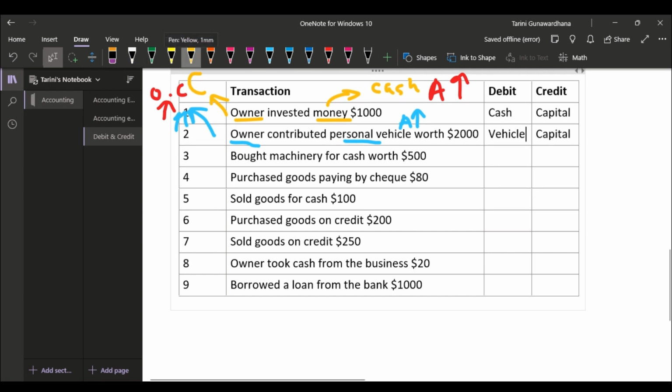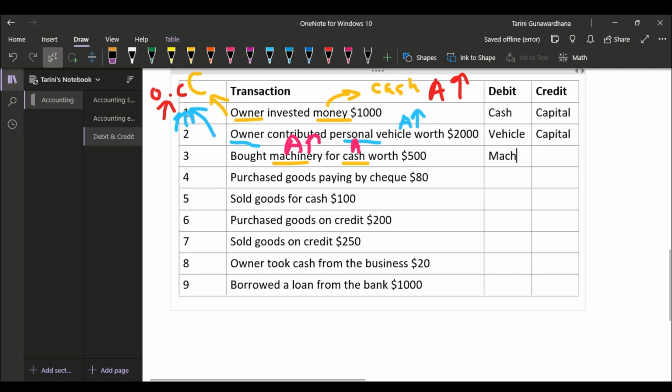Next question. Bought machinery for cash worth 500. Now, machinery is an asset account, right? Cash is also an asset account. When machinery is bought, the amount of machinery in the business increases, so the asset level will increase, which means we debit machinery.